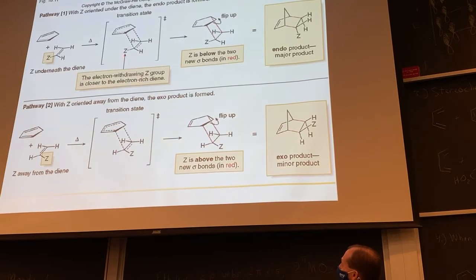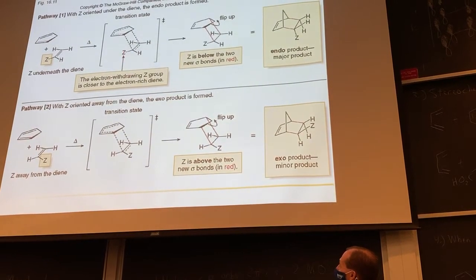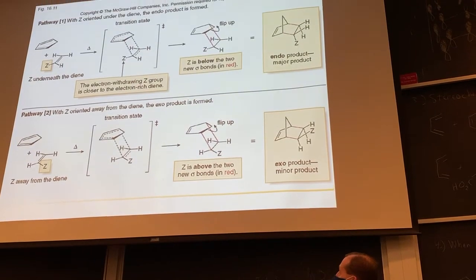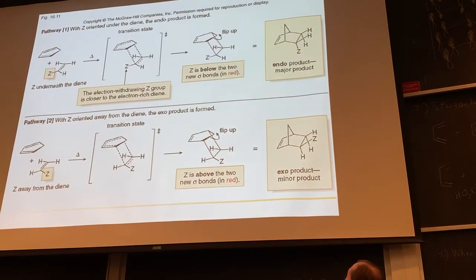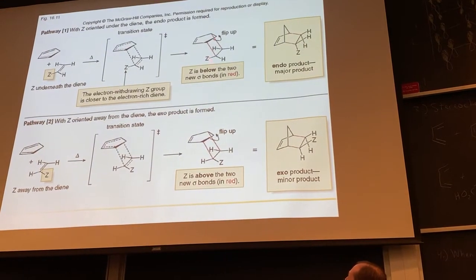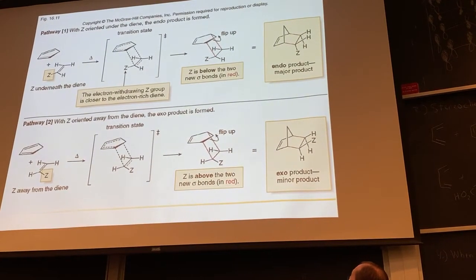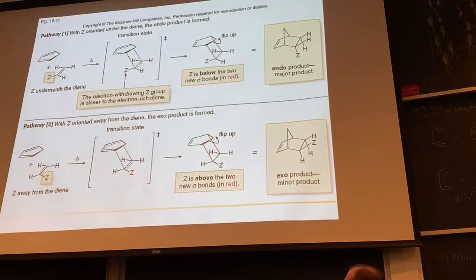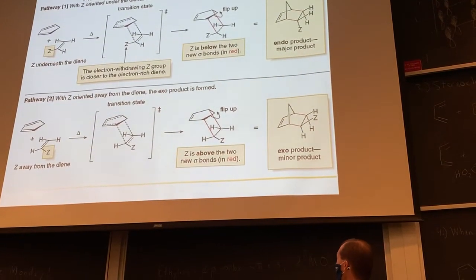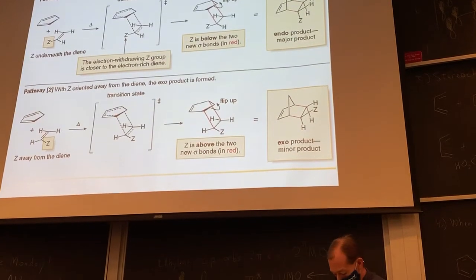And you see that if we have the Z group, the substituent, folded underneath the diene, that's going to lead to the endo product. Okay? Here are our 2 new bonds that are forming in red. Conversely, if we have the Z group pointing away from the diene, that's going to give us the exo product.